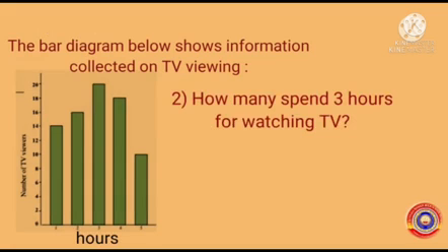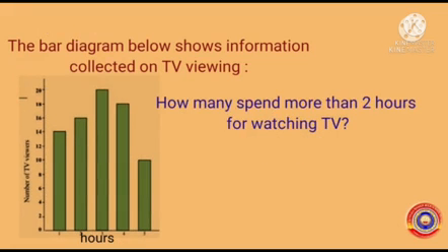Next question, how many spend 3 hours watching TV? See, 20 people spend 3 hours watching TV. Next question, how many spend more than 2 hours watching TV? For that, we have to find how many people watch TV for 3 hours, 4 hours and 5 hours.